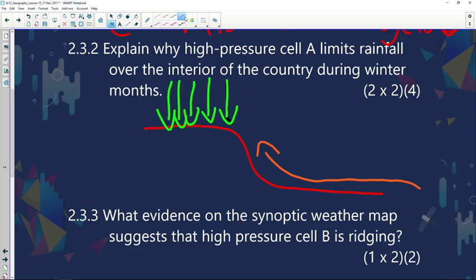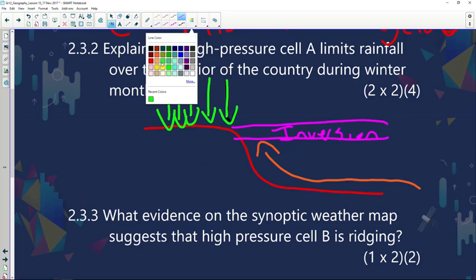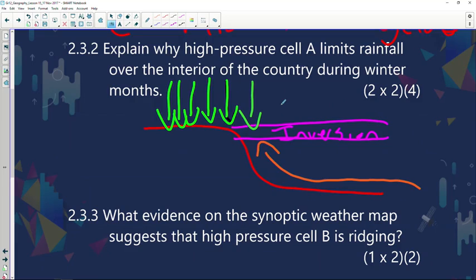So what's being created over here? Inversion is being created. So the moist air can't reach the interior and it can't rise to cool, condense and form clouds. And because of the strong subsidence of the Kalahari high pressure, sinking air, it creates stable conditions and clear blue skies.